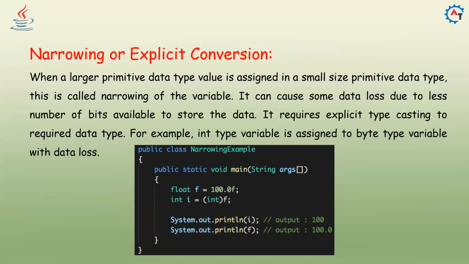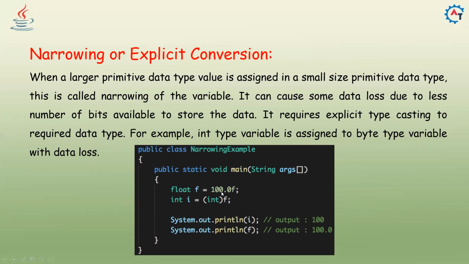So when you put a larger data type into a smaller data type, obviously you lose some data. We will see that with an example. It requires explicit typecasting to the required data type. For example, an int type variable is assigned to a byte type variable with data loss. Okay.